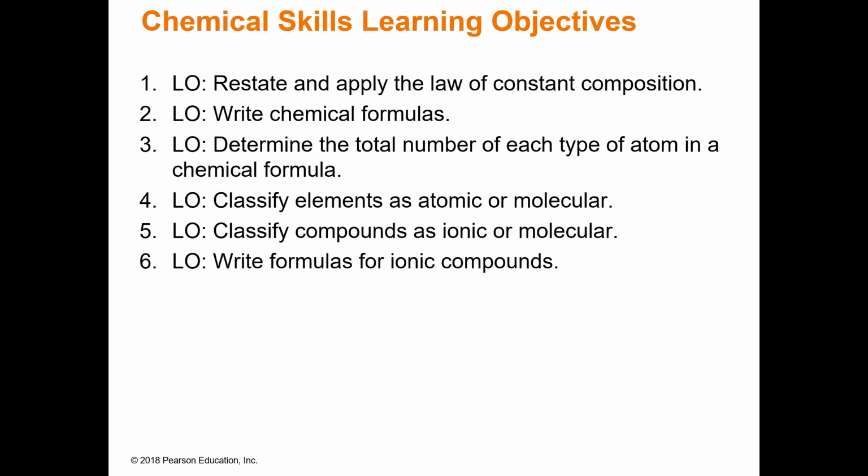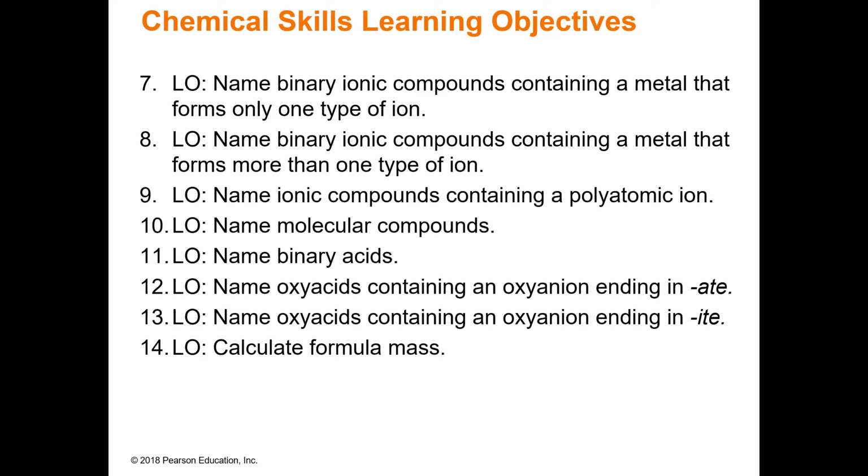By the end of this chapter, you should be able to restate and apply the law of constant composition, write chemical formulas, count atoms in a chemical formula, classify elements as atomic or molecular, classify compounds as ionic or molecular, write formulas for ionic compounds, name binary ionic compounds with metals that form only one ion, name binary ionic compounds with metals that can form more than one ion, name compounds with polyatomic ions, name molecular compounds, name binary acids, name oxyacids with ATE ions, name oxyacids with ITE ions, and calculate formula mass.